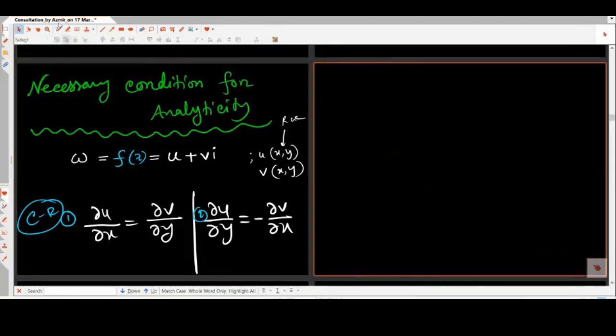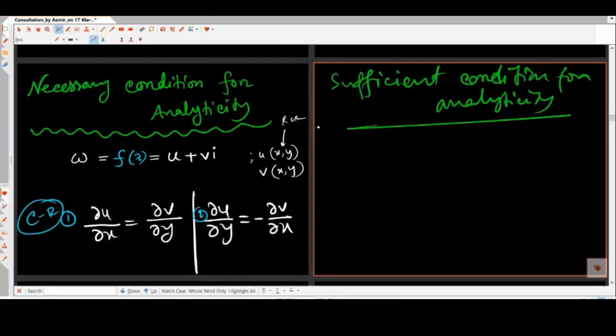So a function is analytic if it satisfies these Cauchy-Riemann equations. We also have another condition, which is known as the sufficient condition for analyticity. So let me write that one. You can think of it as coming from the backward direction.